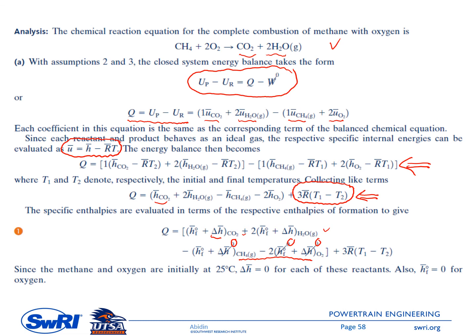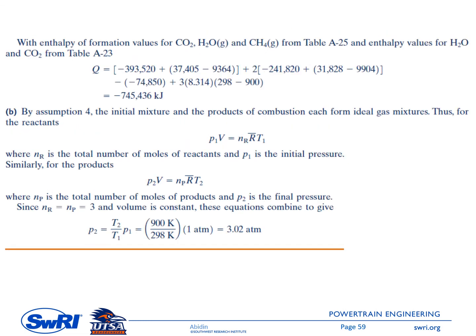And then by using table A-25 to get the enthalpy of formation for CO2, H2O, and CH4, and then table A-23 to get the enthalpy value for water vapor and CO2, then you can calculate Q here, and you will get Q of minus 745,436 kilojoule.